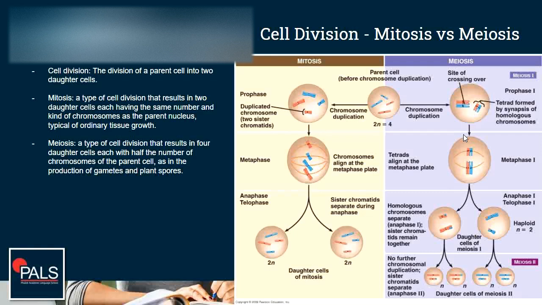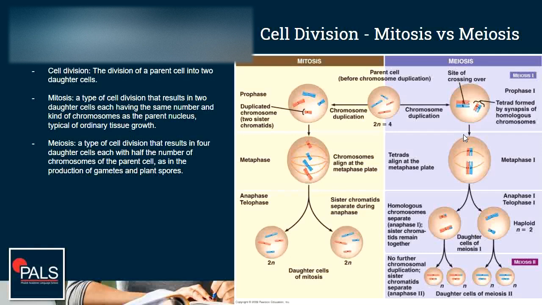Mitosis usually is for growth in an organism when the organism increases its number of cells, for repair of damaged tissue, or replacement of cells that have died. Meiosis is a type of cell division that results in four daughter cells, each with half of the number of chromosomes of the parent cell.